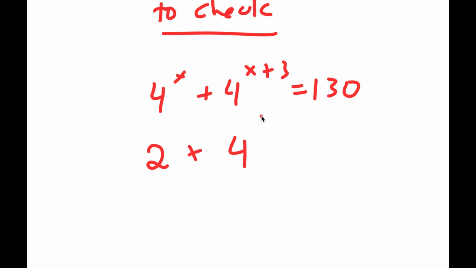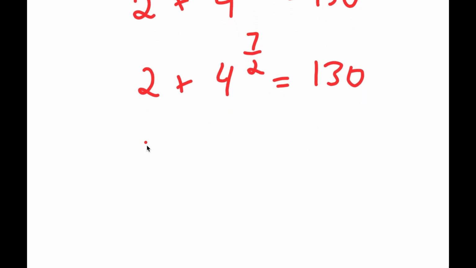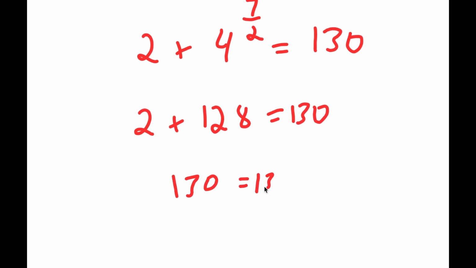So I have 4 to the power of 1/2 plus 4 to the power of 1/2 plus 3 is equal to 130. 4 to the power of 1/2 plus 3 is the same thing as 4 to the power of 5 over 2. Actually, sorry, this is supposed to be 7 over 2. And 4 to the power of 7 over 2 is 128. Sorry, 2 to the power of 7 is 128, plus 2 is 130, and I get 130 is equal to 130.